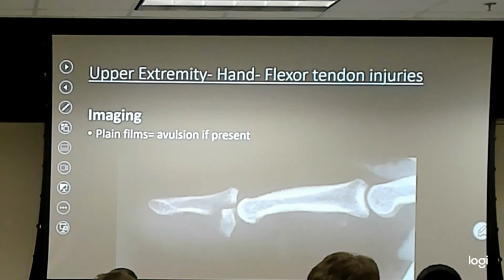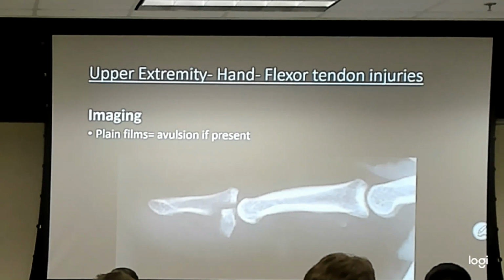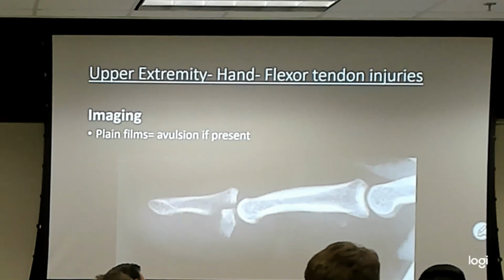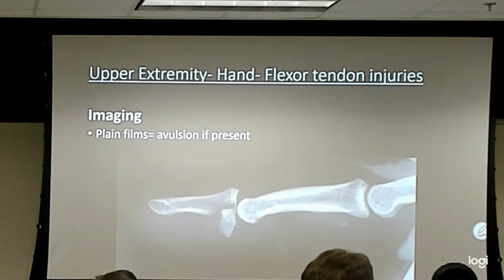Okay. So we should get x-rays just so we can look for avulsions, especially if it's not a laceration scenario, but more like a jersey scenario where my finger got caught on such and such. We really want to check. And our judgments on what to do with it are based on how much of the surface of that bone is involved.